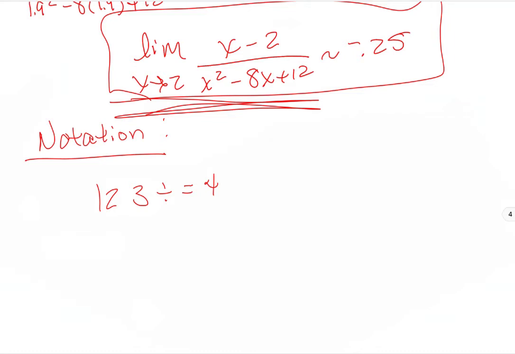To me, that looks like you possibly meant 123 divided by equals 4, which makes no sense. So what you have to remember is that you are taking the limit as x approaches a of a function.